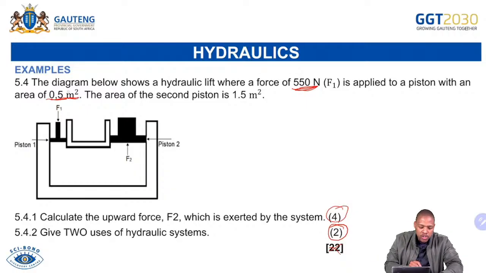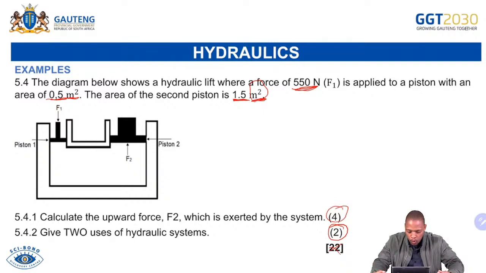The area is given in square meters. Lucky for us, no conversion needed. The area of the second piston is 1.5, bigger than the first one. It is also in square meters, meaning that we do not need to do conversions, and we don't need to calculate our own area.